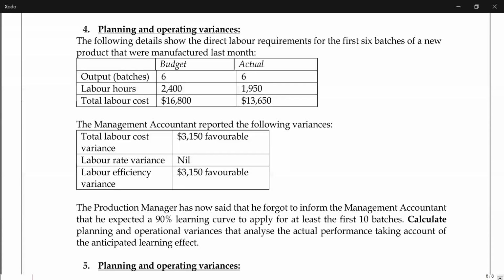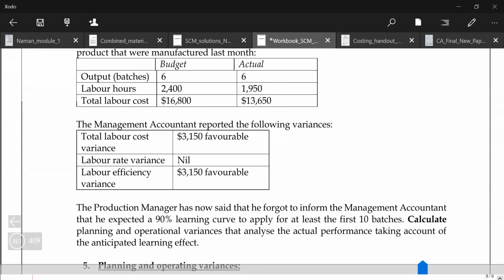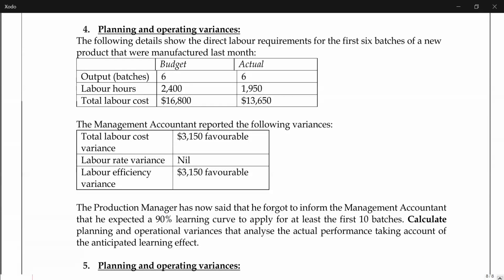Total labor cost, this is on page 361. Of the anticipated learning effect. Please go through the question.